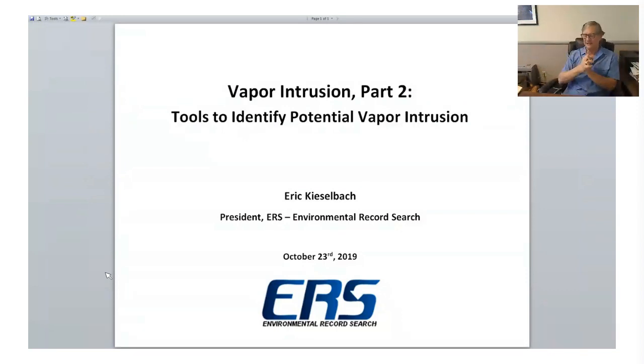When I'm writing a Phase 1, I'm really catching all these things for recognized environmental conditions, not just vapor intrusion, at the same time. So I like going in a certain order, and I keep a notepad to build my recognized conditions. I'm putting facts together and hopefully have enough facts saying that this is the reason.